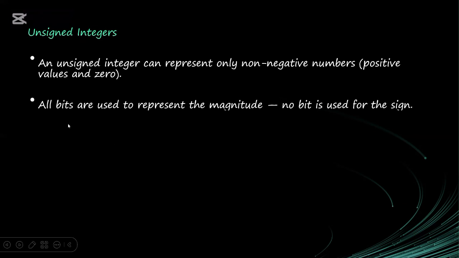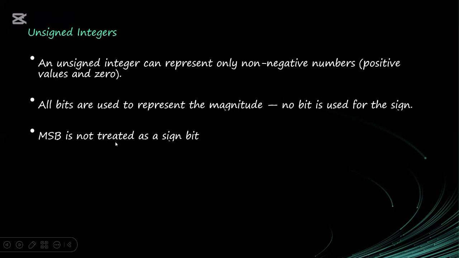All bits are used to represent the magnitude. But for the signed integer, the most significant bit is used to represent the sign, and the remaining 7 represent the magnitude. For the unsigned, we are not considering negative values, so no bit is used for the sign.